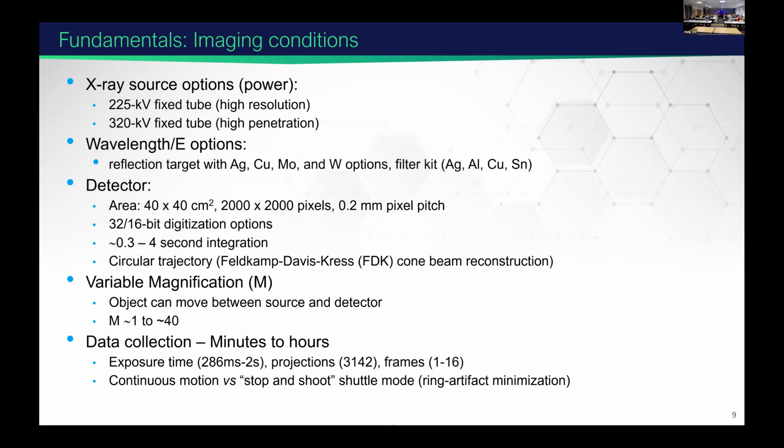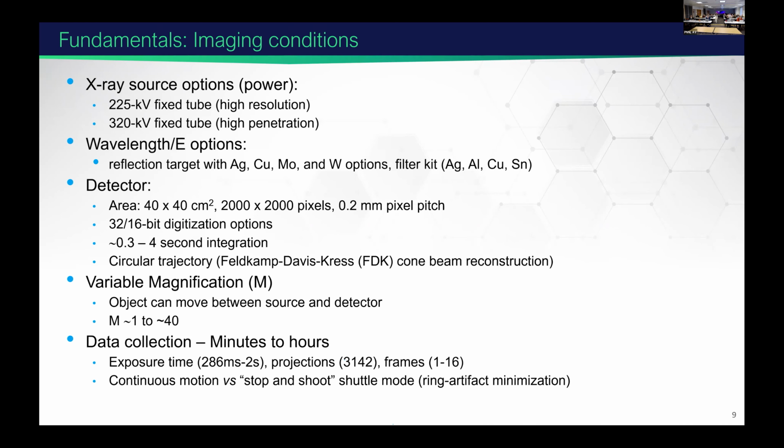Our detector is a flat panel plate, 40 by 40 centimeters, 2000 by 2000 pixels. And it creates 32-bit digitized images of the reconstruction. And for reconstruction, we use this Feldkamp-Davis-Kress or FDK cone beam reconstruction because of the geometry of the instrument. The magnification that determines the region of interest captured and the spatial resolution can go from 1 up to 40.